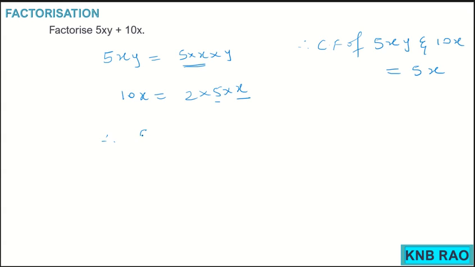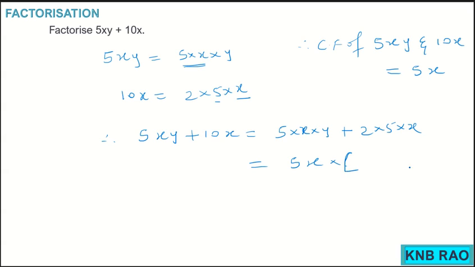Therefore I can write 5xy plus 10x as 5 into x into y plus 2 into 5 into x. After taking 5x common, we get 5x of (y plus 2).